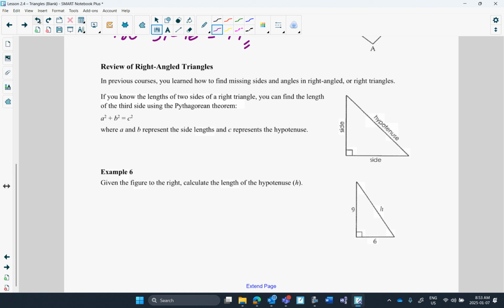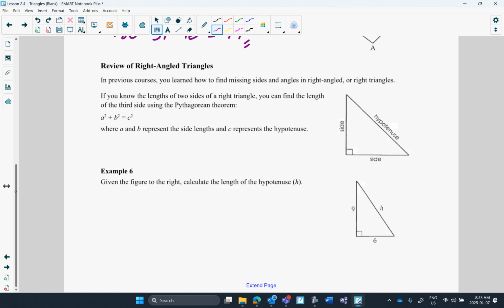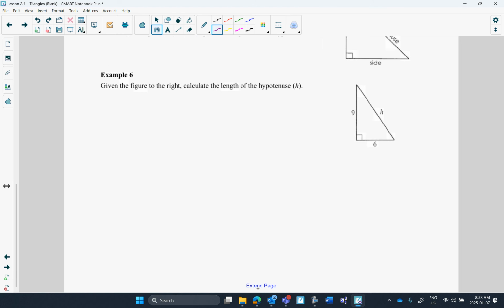So we should be familiar with how to do this. Something that you did in middle school, as well as we reviewed in grade 9, and we've done a little bit of it in other grades as well. So the big thing here is just making sure you put in the numbers for the correct letters.